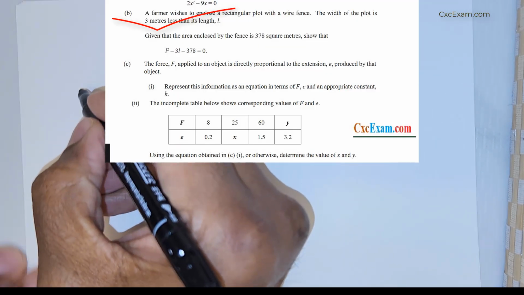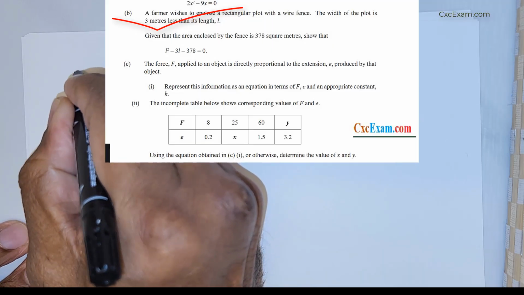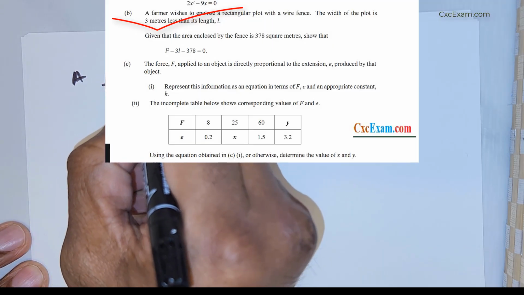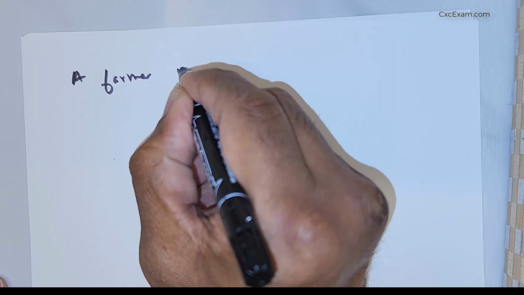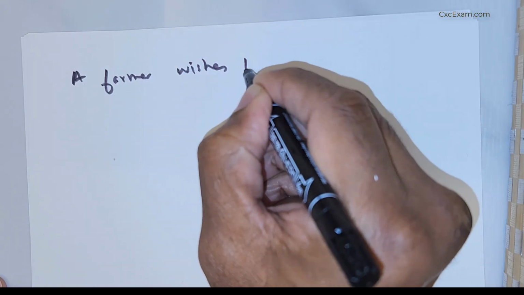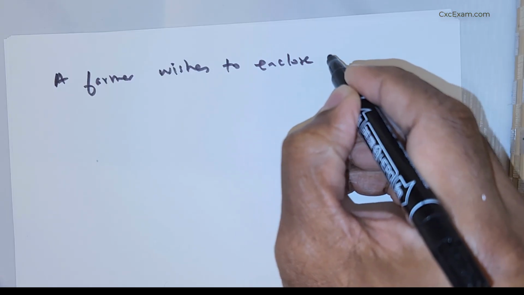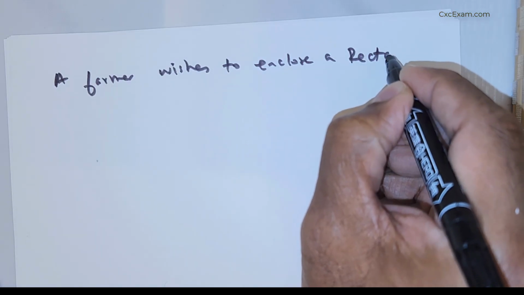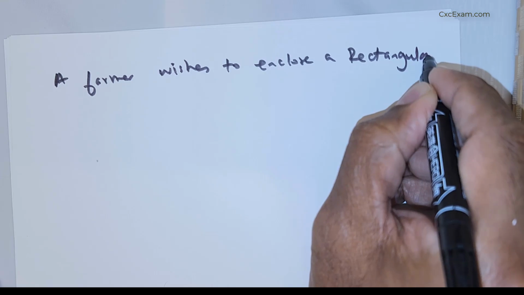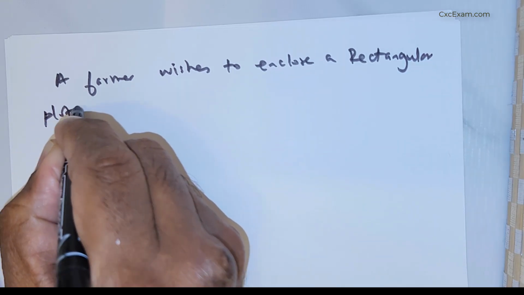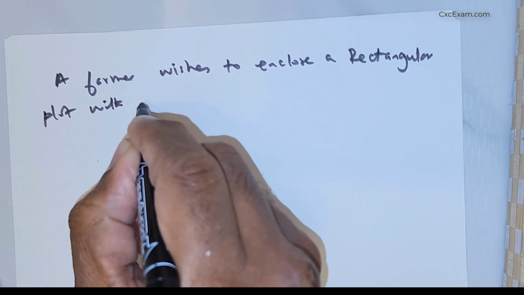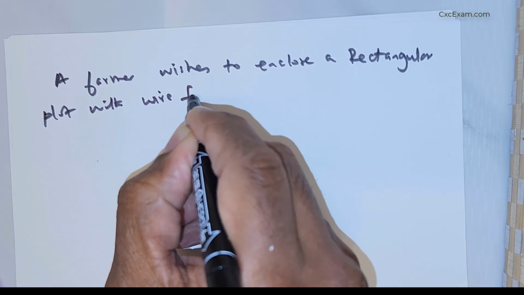So this is the next question. Let me write the question down. A farmer wishes to enclose a rectangular plot with wire fence.